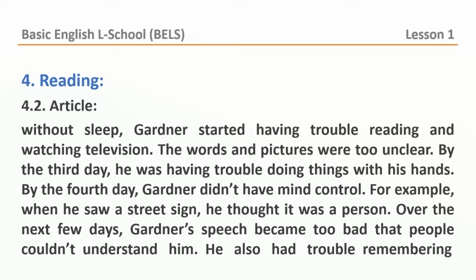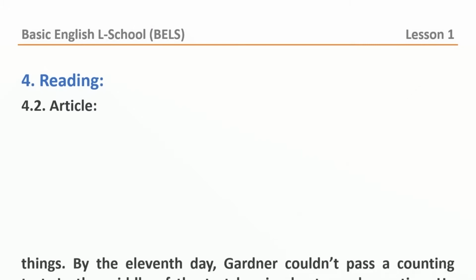By the fourth day, Gardner didn't have mind control. For example, when he saw a street sign, he thought it was a person. Over the next few days, Gardner's speech became so bad that people couldn't understand him. He also had trouble remembering things.